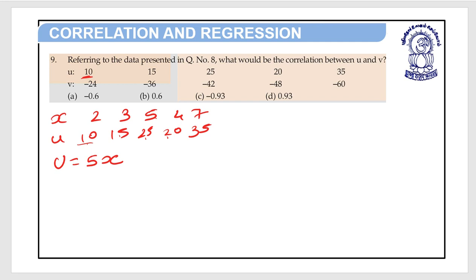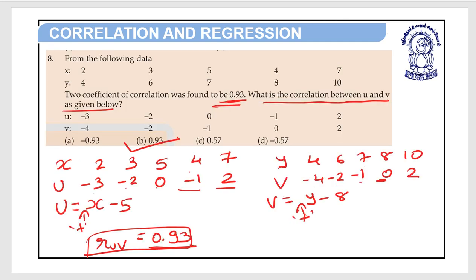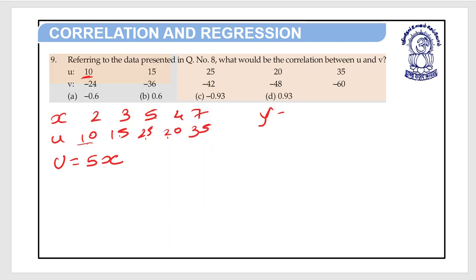Now for v, write down y as 4, 6, 7, 8, 10. V is minus 24, minus 36, minus 42, minus 48 and minus 60. So easily you can write v is equal to minus 6y.